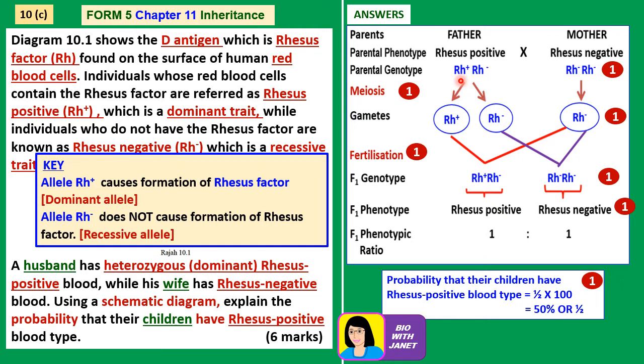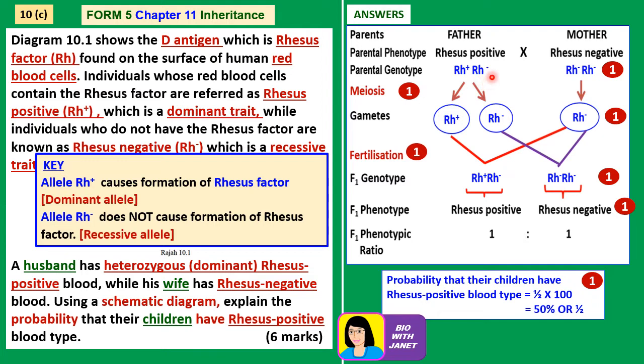And then from there we write down the parental genotype, which is the genetic composition in the cell. What are the alleles in the father's diploid cells? So since the father is heterozygous, he must have one dominant allele, Rh positive, that causes the formation of the rhesus factor, and one more allele, Rh negative, that does not cause the formation of the rhesus factor.